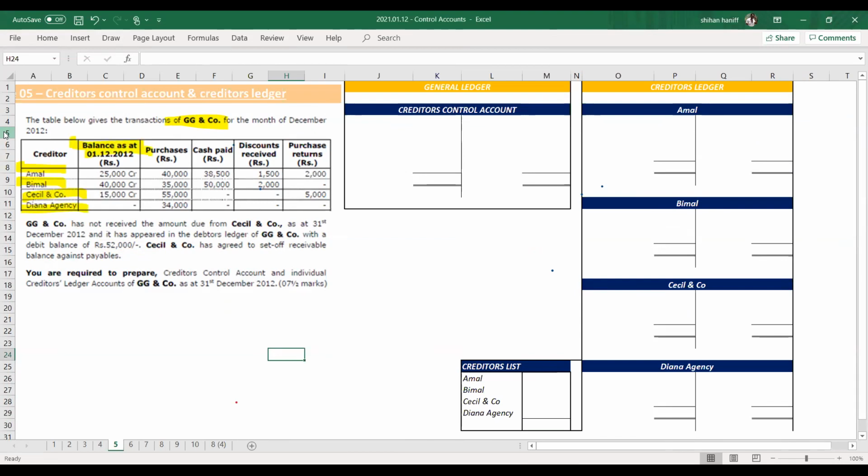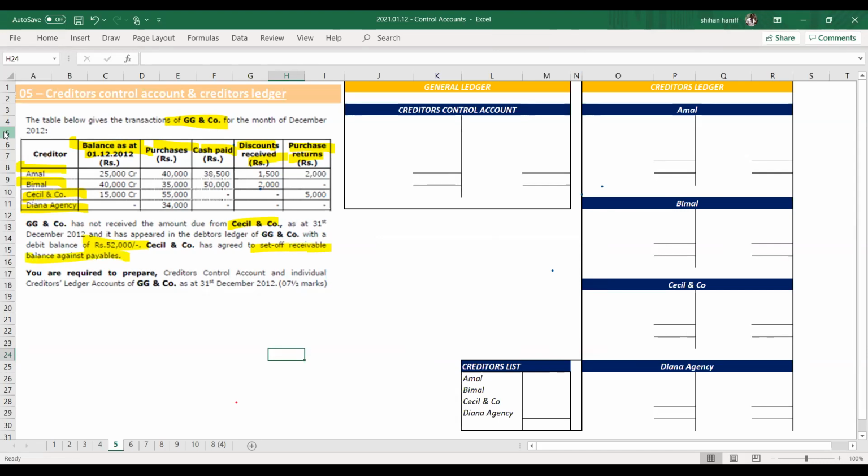Opening balance, purchases, cash paid, discount received, purchase return. Then there is one additional information which says GG and company has not received the amount due from Cecil and company as at 31st December, and it has appeared in the debtors ledger of GG and company with a debit balance of 52,000.